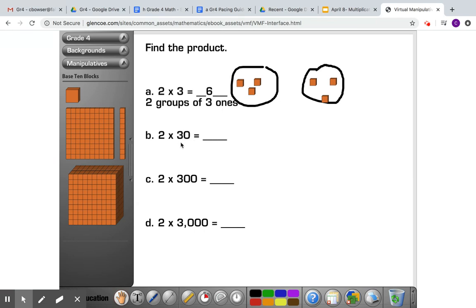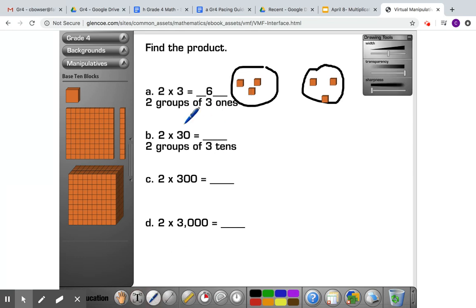We know that we can represent 30 as 3 tens. So we can represent this as 2 groups of 3 tens. So again, I am going to draw 2 groups. 1 group, and then 2 groups.